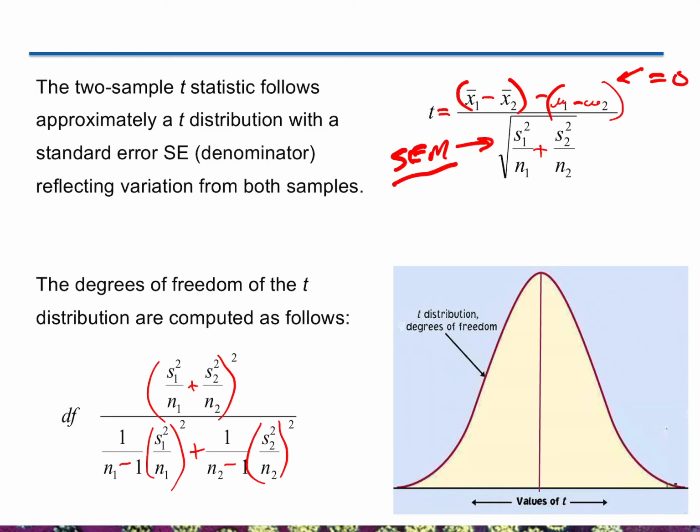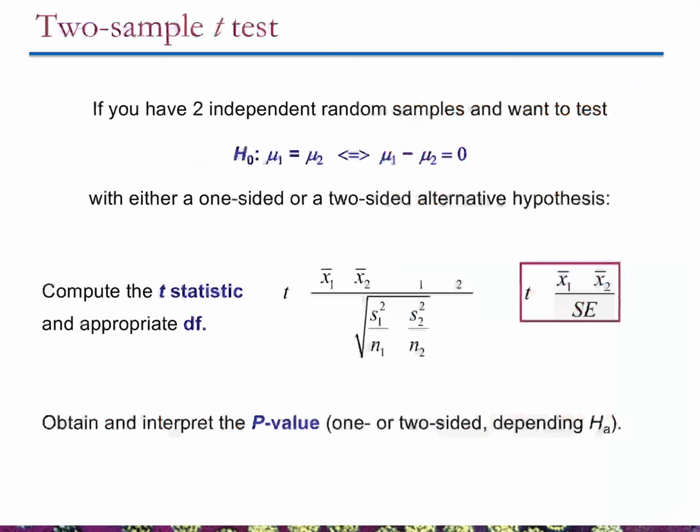Either I will give you the degrees of freedom in the problem, or Minitab will calculate it for you, but you won't have to calculate this by hand. So don't worry about that. It's a lot more complicated than what we saw in the last chapter, where the degrees of freedom was simply sample size minus 1. So don't worry about that formula there.